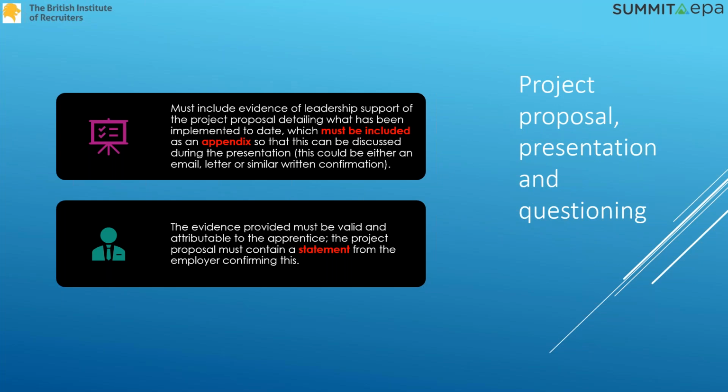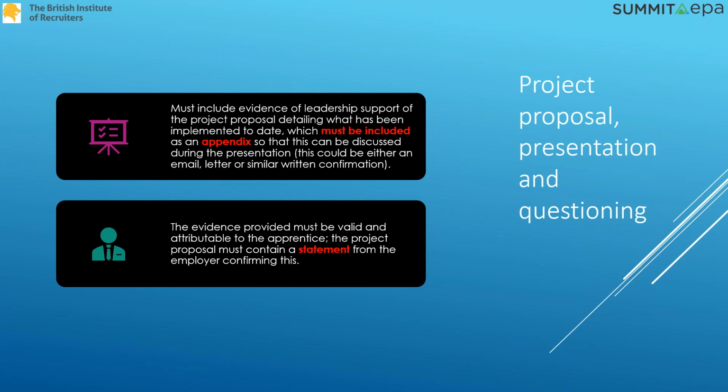What we're looking for here is that the apprentice has not been left for 12 weeks with no support. We're looking at what support has been given to that apprentice, and a letter or email or some form of written confirmation to say this is the type of support I've given and this is who I am. The main part of this is the evidence provided must be valid and attributable to the apprentice, and the project proposal must contain a statement from the employer confirming this.